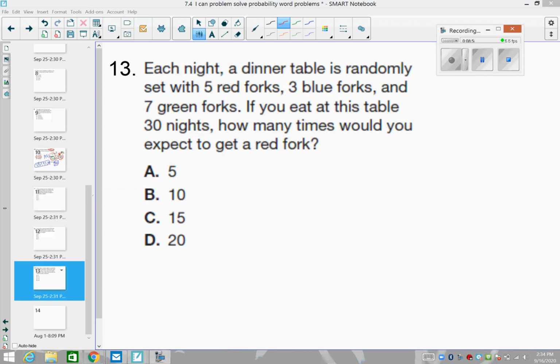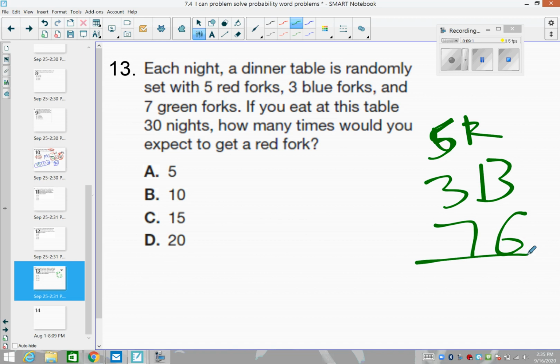All right, each night a dinner table is randomly set with 5 red forks, 3 blue forks, 7 green forks. So that's 15 forks, right? If you eat at this table 30 nights, how many times would you expect to get a red fork?